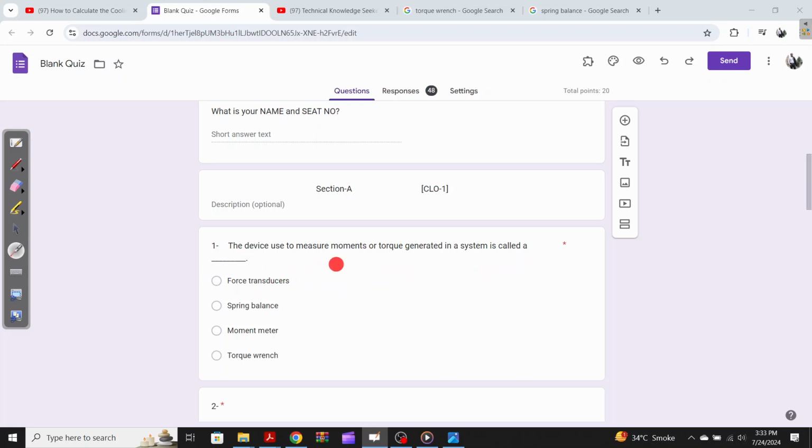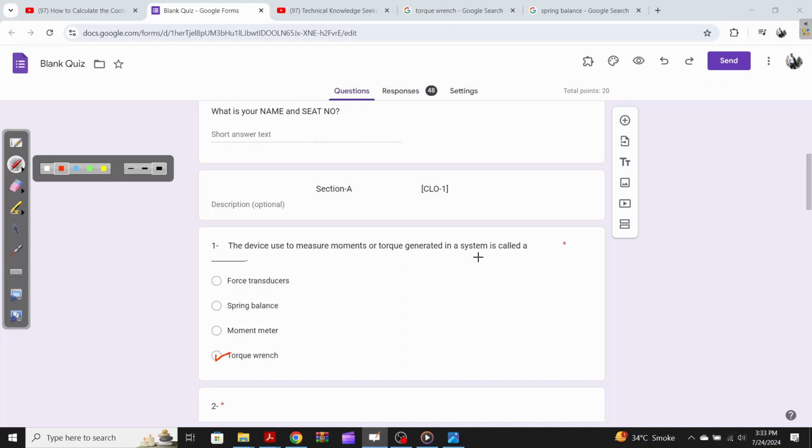The four options are a force transducer, spring balance, movement meter, and a torque wrench. Whenever you are measuring movement or torque, you will be using a torque wrench. This is your answer.